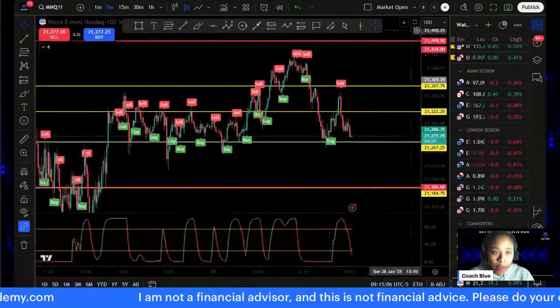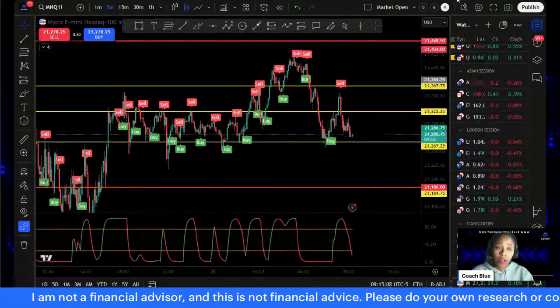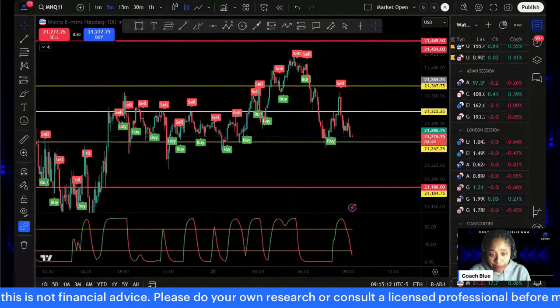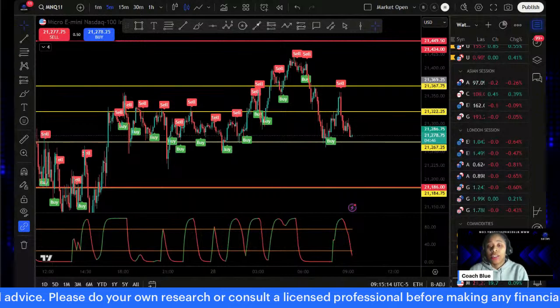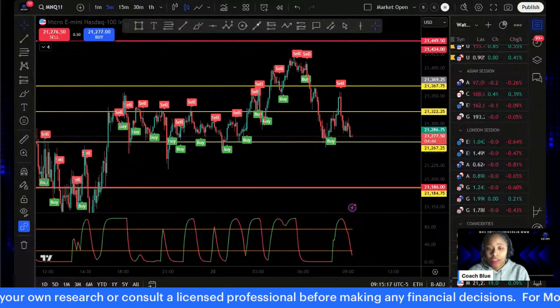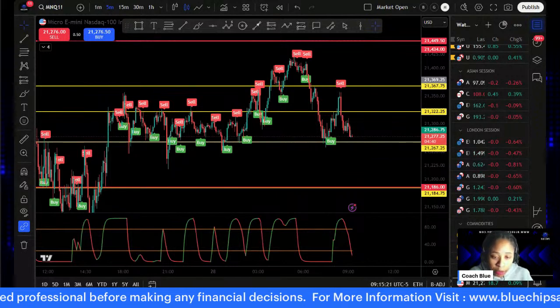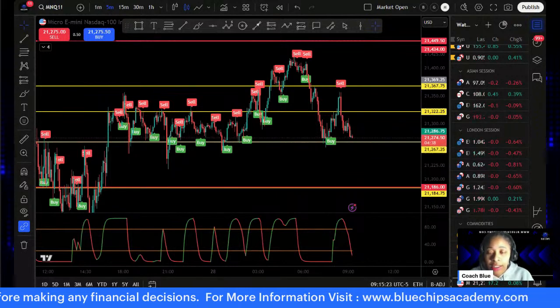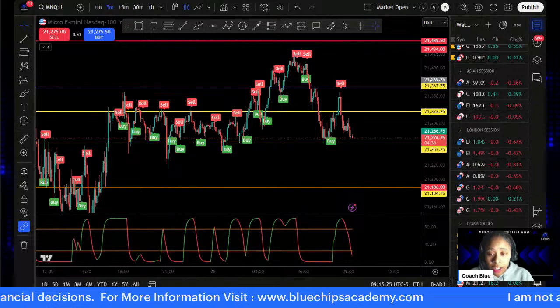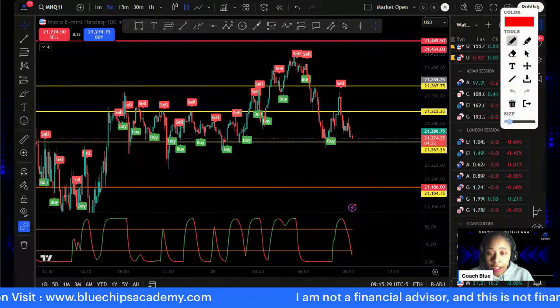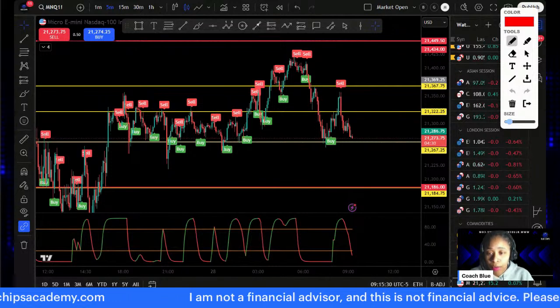You should never, as a trader, trade without having your key levels already set. I'll repeat that again. You should never get into a trade without already having your key levels set and your charts marked up. That is very important. Trading without your key levels is like running blindfolded into a brick wall.